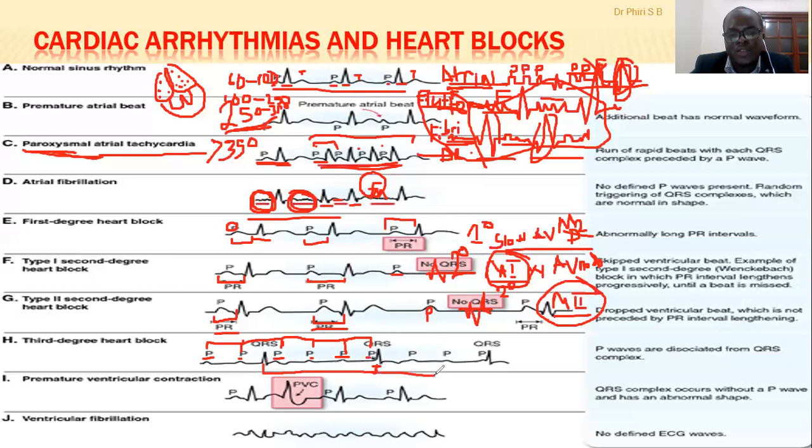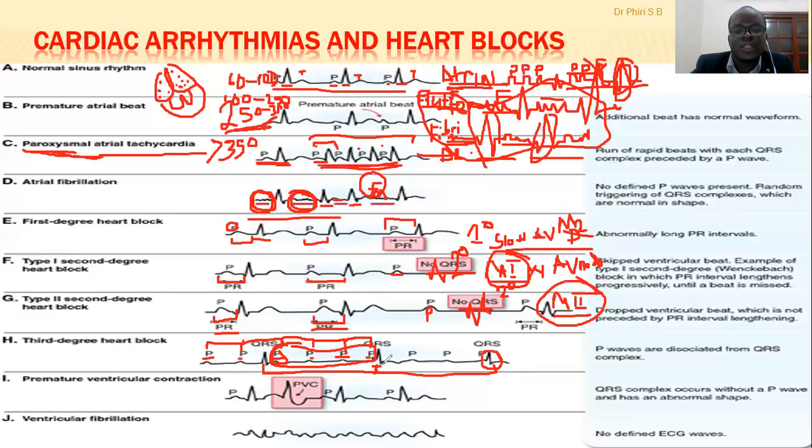But there is no correlation between the P waves and the QRS complex because the atria are contracting on their own, and the ventricles are also contracting on their own.